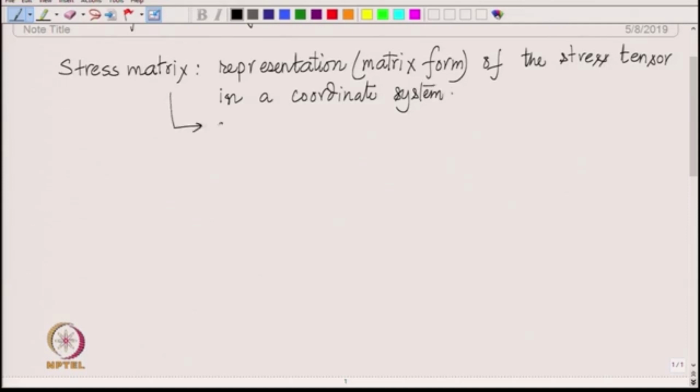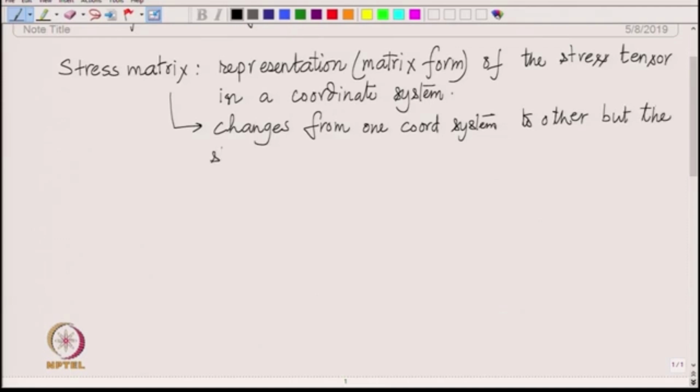So, this changes from one coordinate system to other. But the stress tensor itself remains the same, the stress tensor itself remains unchanged.